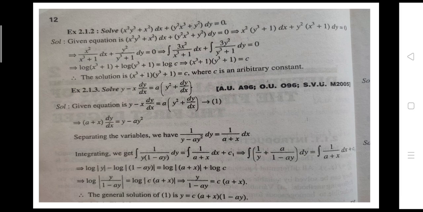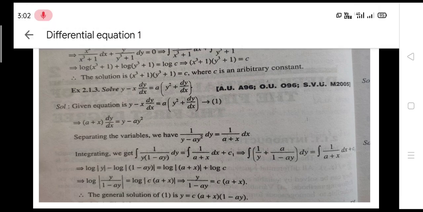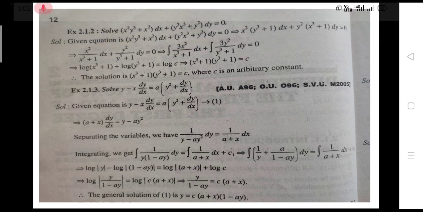And if you see another example, solve y minus x into dy by dx is equal to a into y square plus dy by dx. The given equation is y minus x into dy by dx is equal to a into y square plus dy by dx.